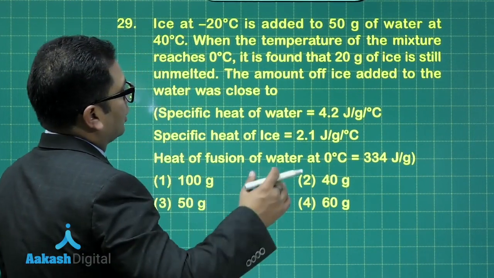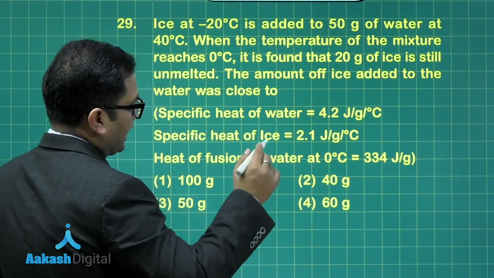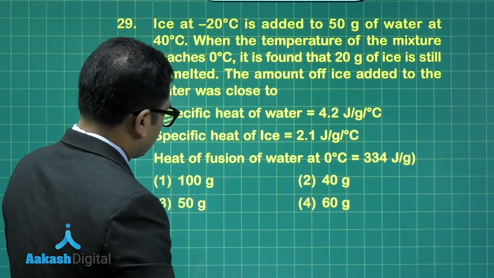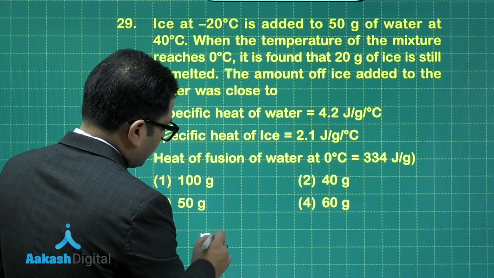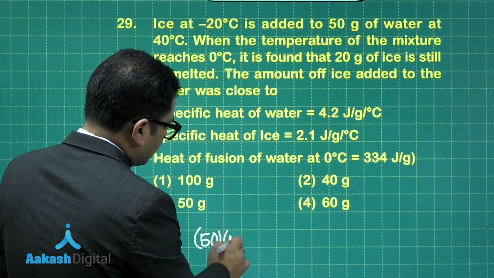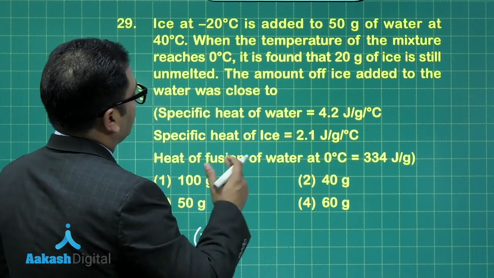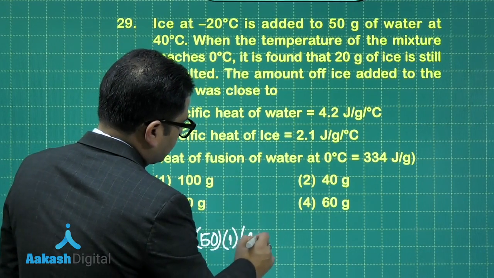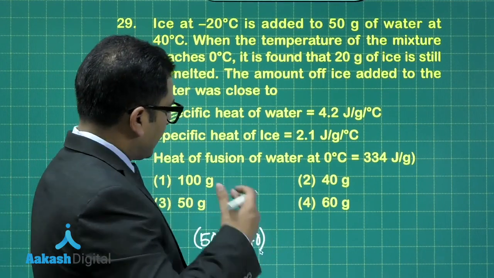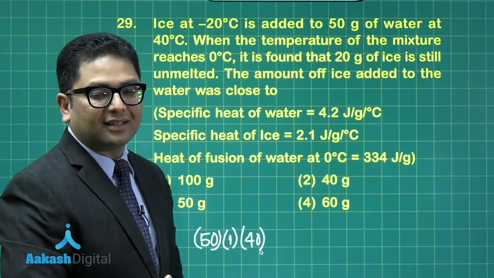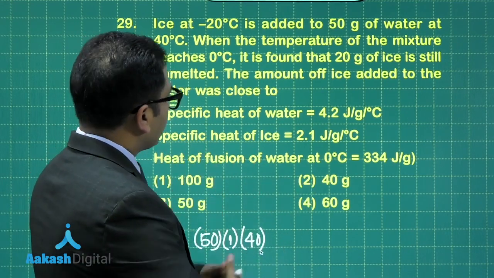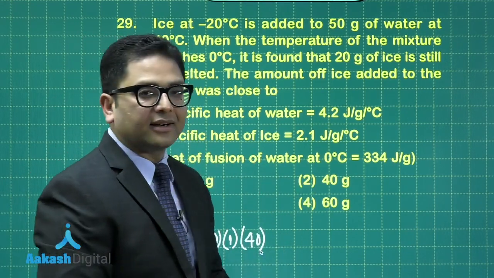So first of all, the 50 gram water has come from 40 degree to 0 degree. So 50 into C of water, which is 1, into 40 degree. That's mc delta theta, the heat released by water when it comes to 0 degree.